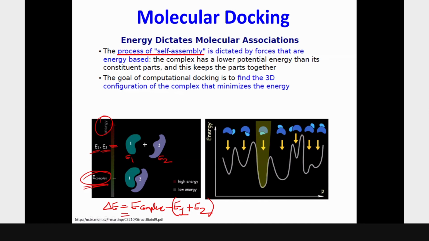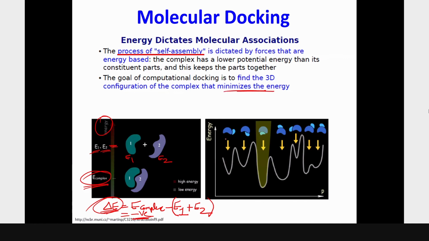If you consider that the ligand is going to bind, what should be the delta E value? Negative. It should be negative, similar to your delta G value. Ultimately, this delta E value we can relate to things like enthalpy, and we can see how two things can have a minimum amount of energy. So it should be negative. The overall energy should be minimized.